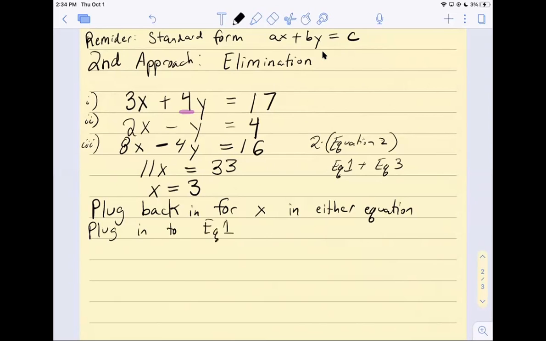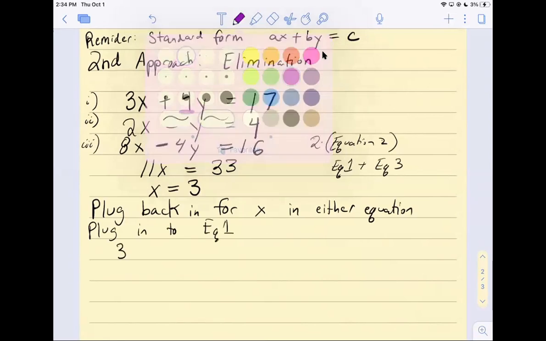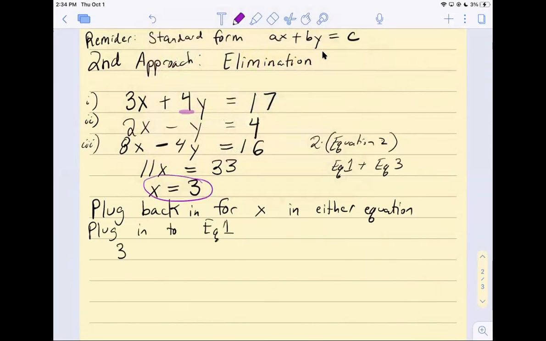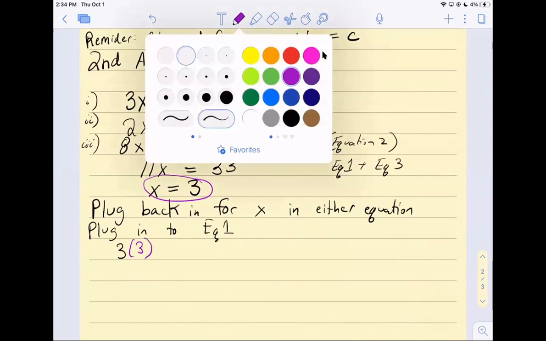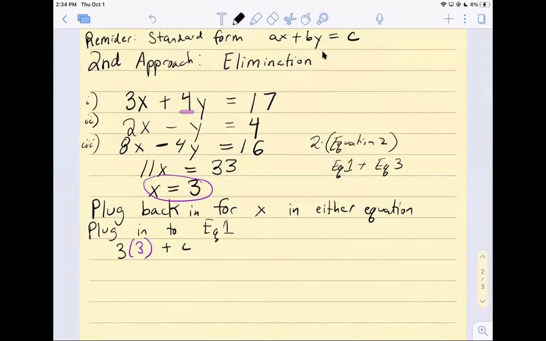Equation 1, we get, I'll do this here, so x equals 3. 3 times 3, that's x, plus 4y is equal to 17. This is 9 plus 4y equal to 17. Subtract 9 from both sides. We get 4y is equal to 8.